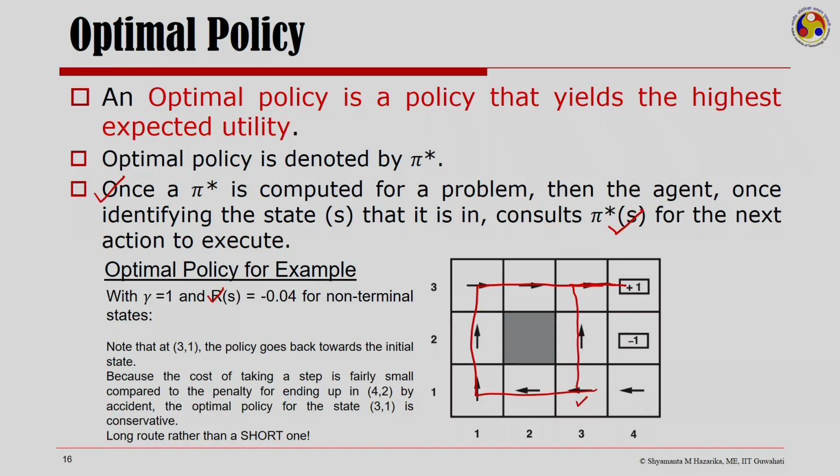This is because the cost of taking a step in our case is fairly small compared to the penalty of ending up here by accident, and therefore, the optimal policy is about taking a longer route and coming to the goal, rather than taking a shorter one with the possibility of getting a penalty if I fall in here. In order to avoid this, I rather take a longer route in my optimal policy.